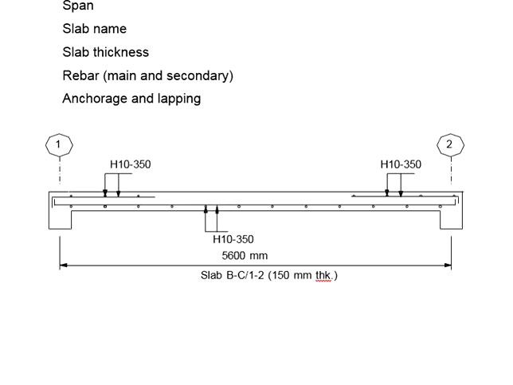Even though there is no moment analyzed at the support, it is always good practice to provide reinforcement bar at the support, just in case there is any negative moment. Since the amount of reinforcement bar provided here is not large, you can simply adopt the same amount of reinforcement. Therefore, that gives you H10 350 for the top reinforcement at the support.